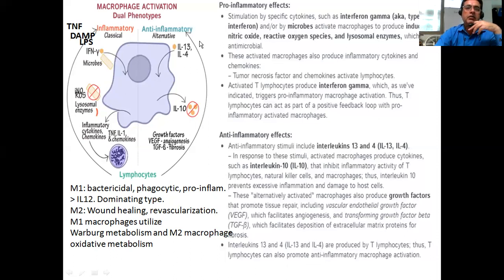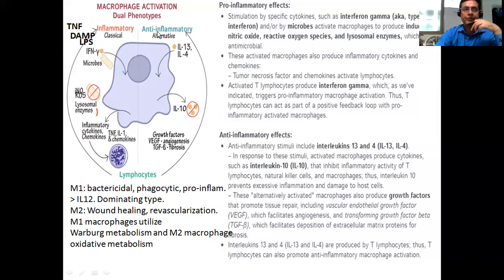They are unique cells that can be activated in two different ways. One is called the classical way, and the other is the alternative way. Or more simply, the classical way is pro-inflammatory, it promotes inflammation, and the alternative pathway is anti-inflammatory.